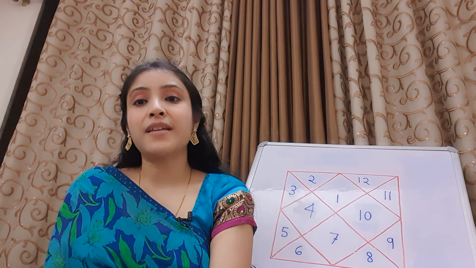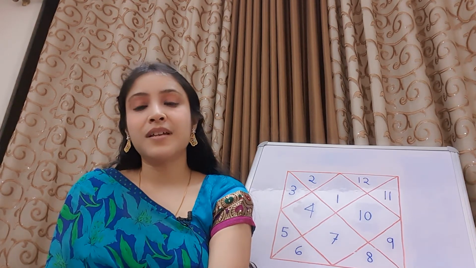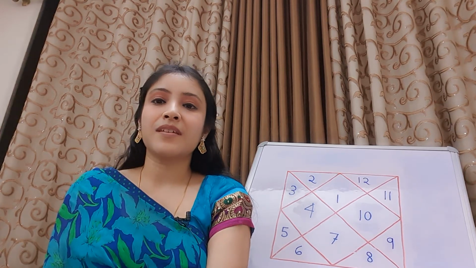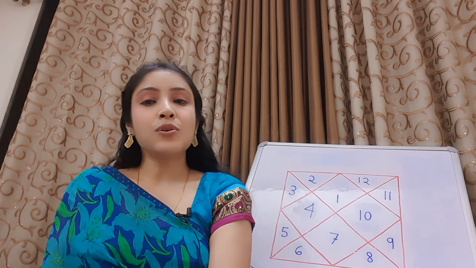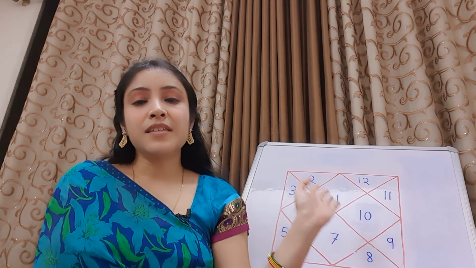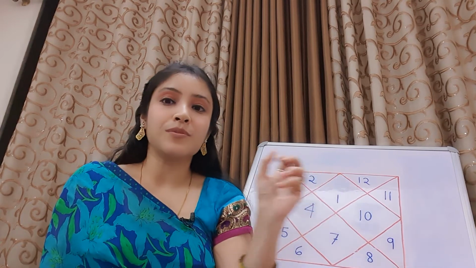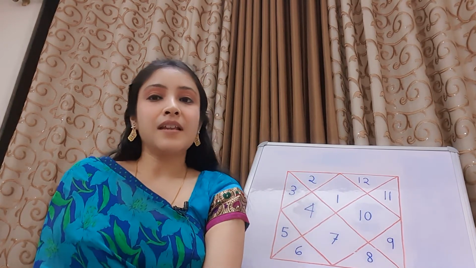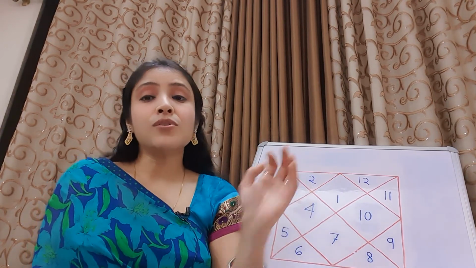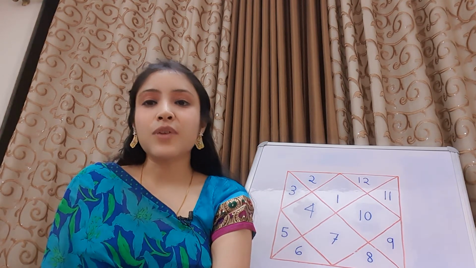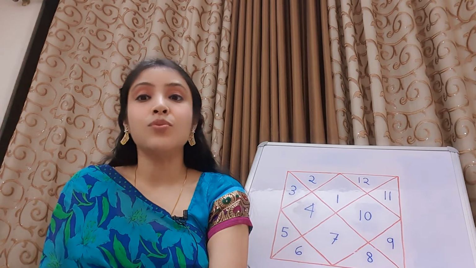The peace of mind that we find at home, that also is signified by the fourth house. So this is the fourth house. Fourth house is ruled by the Moon. Now fourth house also signifies school education, the education that we usually acquire at school.